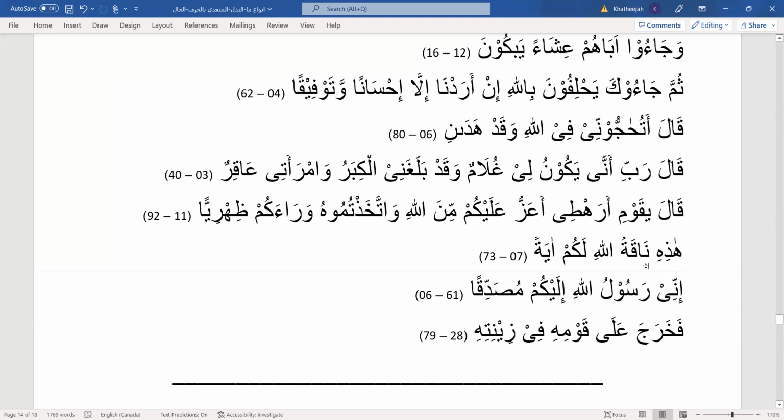This is a she-camel of Allah, a female camel of Allah, as a sign for you all. Okay? Inni Rasulullahi ilaykum musaddiqan. Indeed, I am a messenger of Allah towards you all as a certifier.